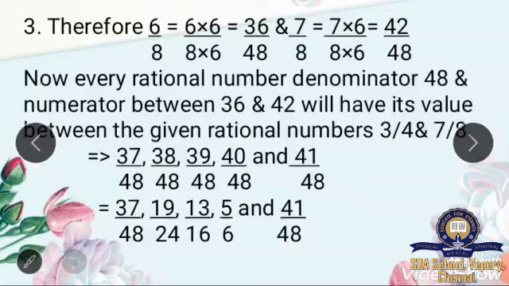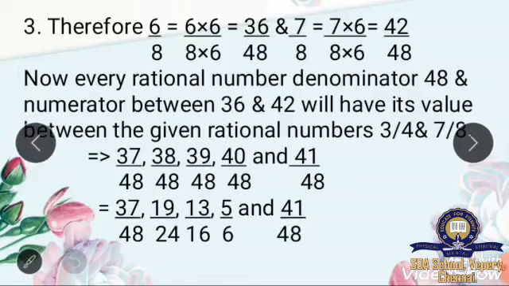Therefore 6 by 8 is equal to 6 into 6 is 36, 8 into 6 is 48. Likewise 7 by 8: 7 into 6 is 42, 8 into 6 is 48. Now every rational number has denominator 48, and the numerators between 36 and 42 will give values between the given rational numbers 3 by 4 and 7 by 8.